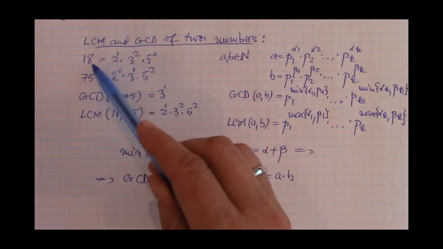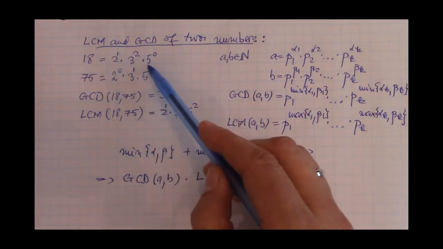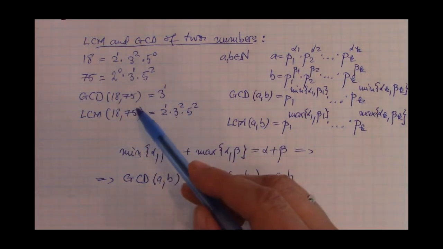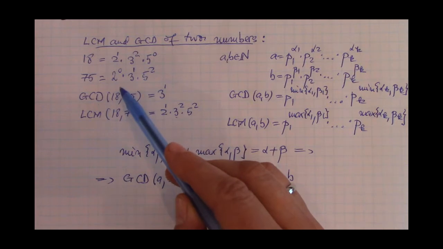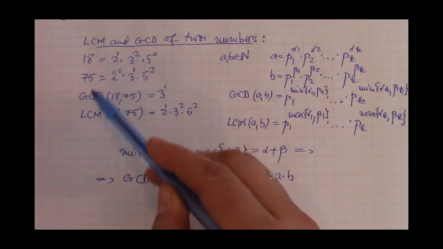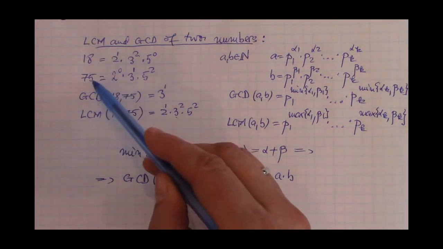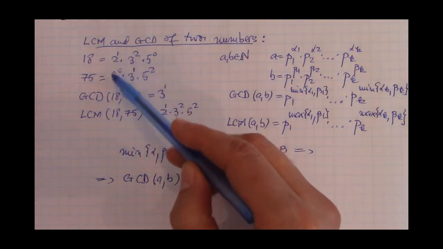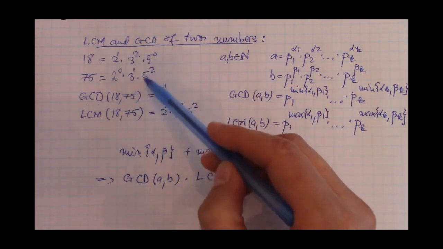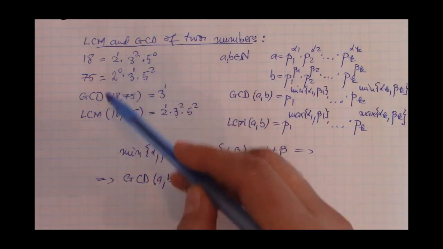It's really not a prime factor of 18, but to the power of 0, it makes no difference. So now we change our little algorithm: if I compute the GCD of 18 and 75, I'm going to take every single prime factor, 2, 3, and 5, to the lowest of the two powers.